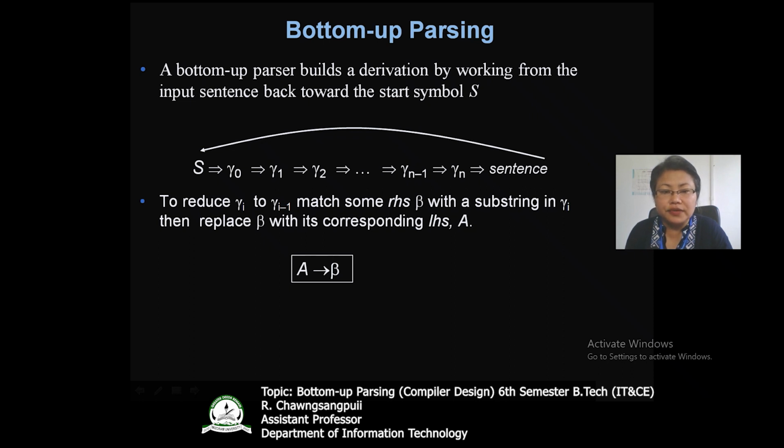So you have your sentence here, the input, and we try to move back in order to get the start symbol, which is S. If we reduce gamma i to gamma i minus 1, we match some right-hand side, beta, with a substring in gamma i, and then we replace the beta with its corresponding left-hand side, which is the non-terminal A.